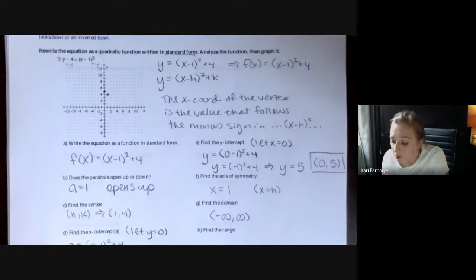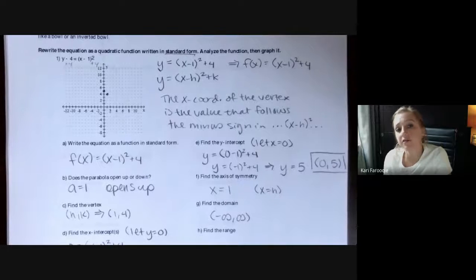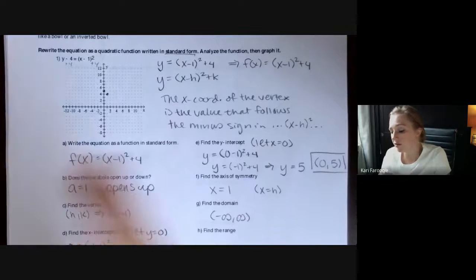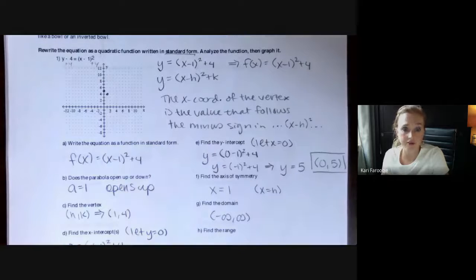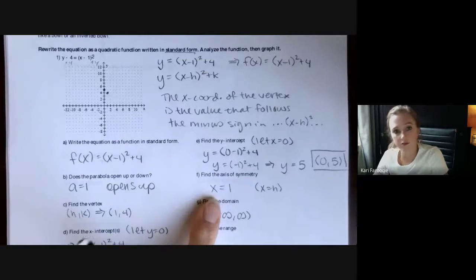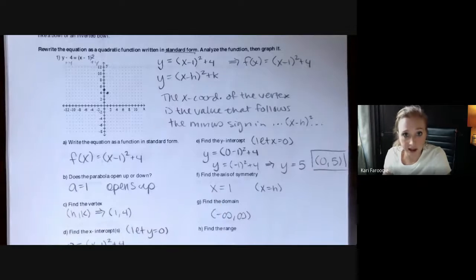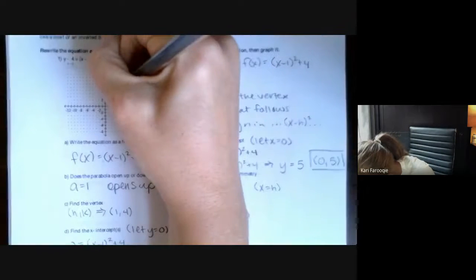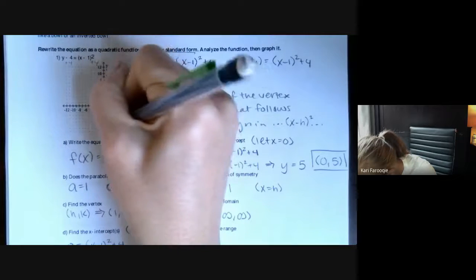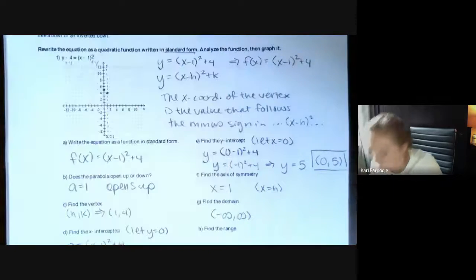Now, I can use the fact that my parabola has symmetry to graph that similar point on the other side of the parabola. So what I'm going to do now is represent this axis of symmetry with a dotted line. I don't want to make it solid because I don't want it to appear as though it's part of my graph. I'm just going to make my axis of symmetry this dotted or dashed line that goes through x equals 1.